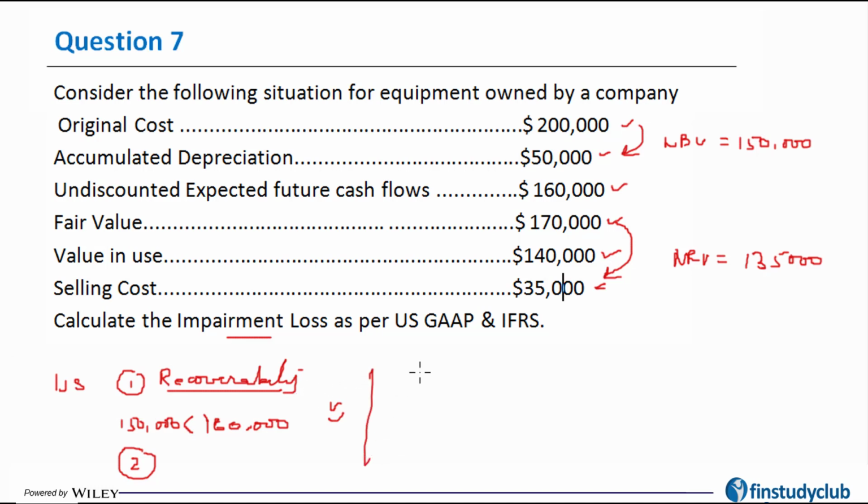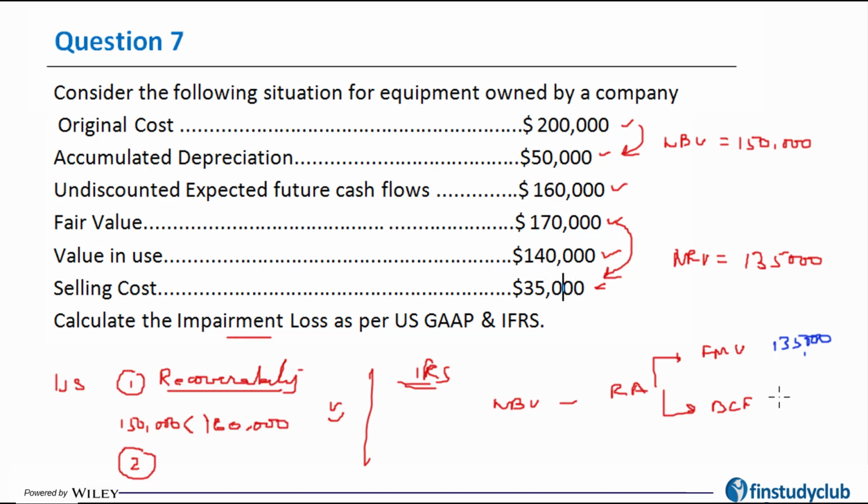Okay. As per IFRS, on the other hand, you have the net book value being compared with the recoverable amount, which is the higher of the two, the fair market value or the discounted cash flows. Now, fair market value is 135,000, the value that you're going to get if you sell the asset right now.